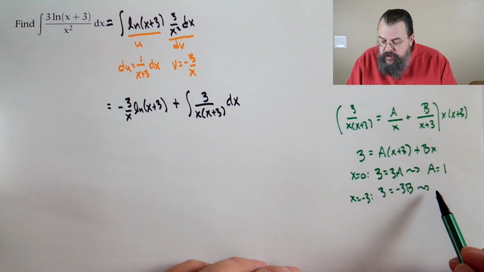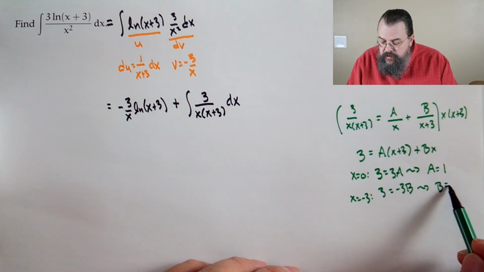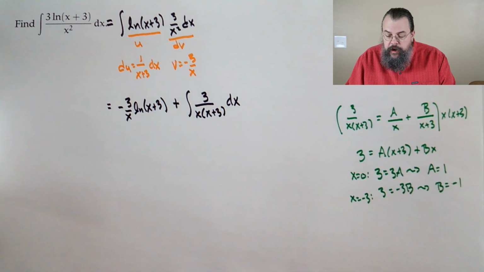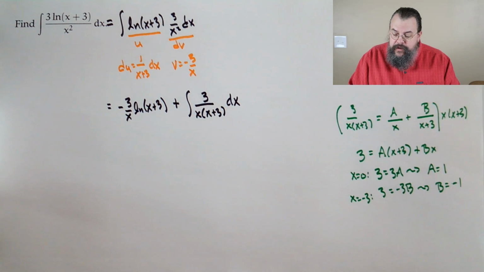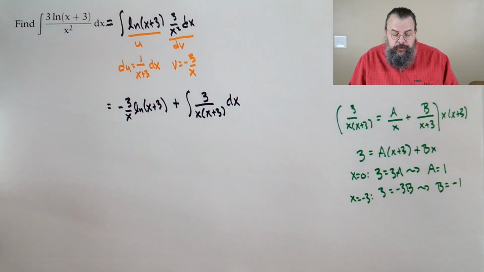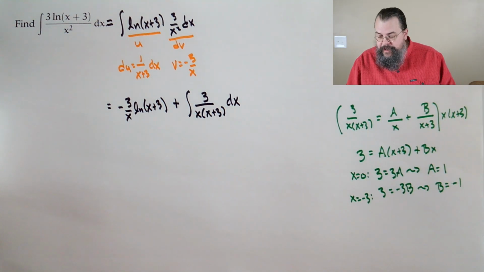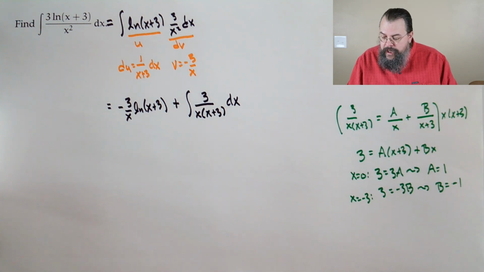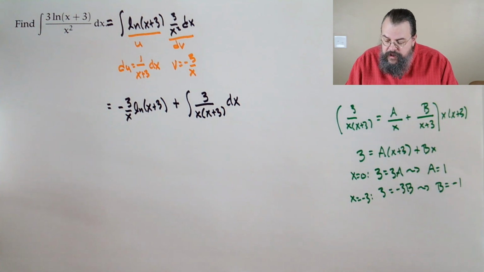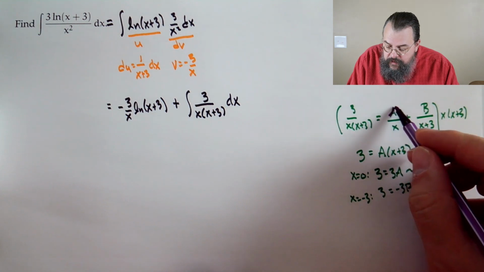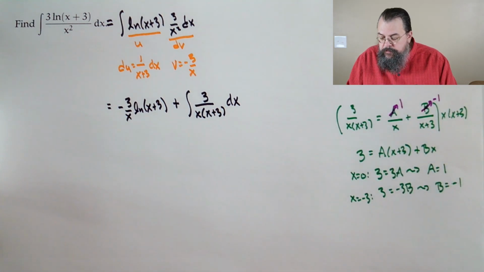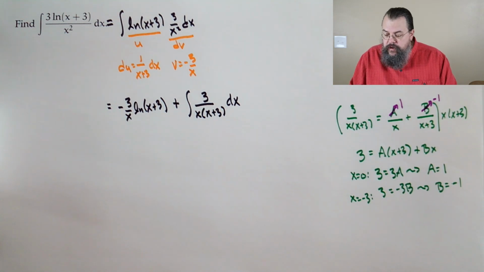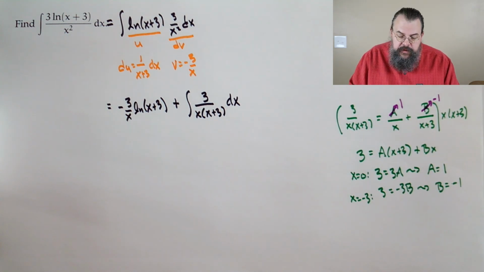Okay, so that says what? B is minus 1. All right, well, great. Beautiful numbers, right? 1 and minus 1. So, returning to our problem now, we say, look, we know A and B. A here is 1, and B is minus 1. And so our integral problem continues.